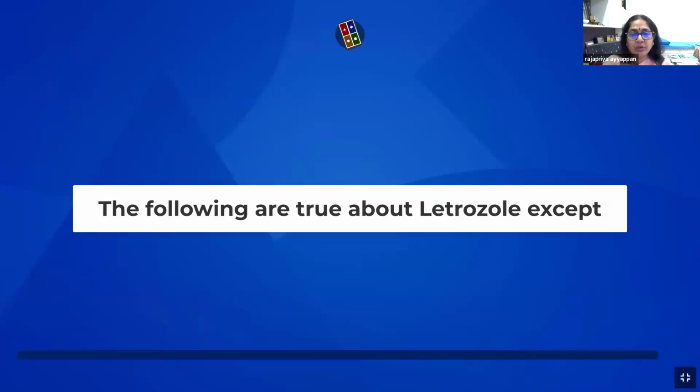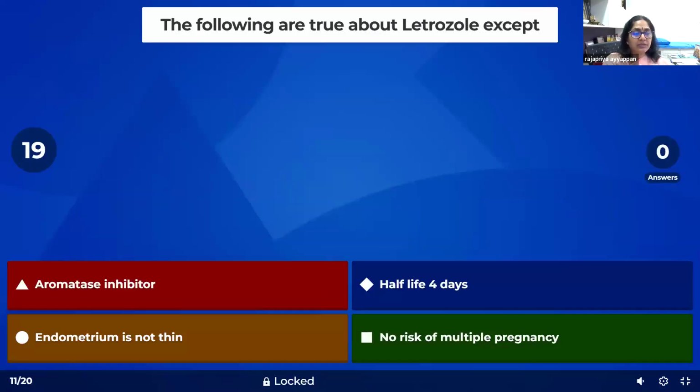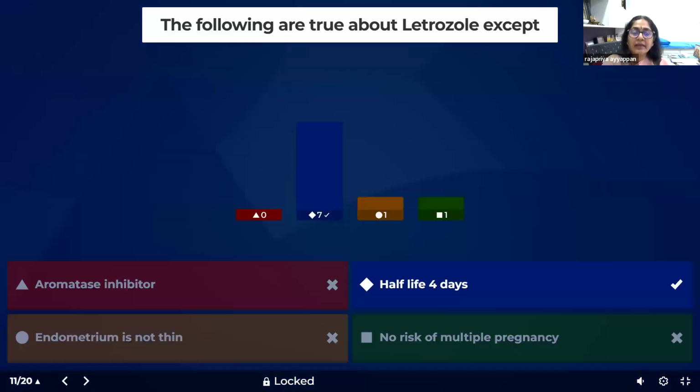Following are true about letrozole, except: aromatase inhibitor, endometrium is not thin, half-life is 4 days, no risk for multiple pregnancy. The half-life is 4 days is the answer.